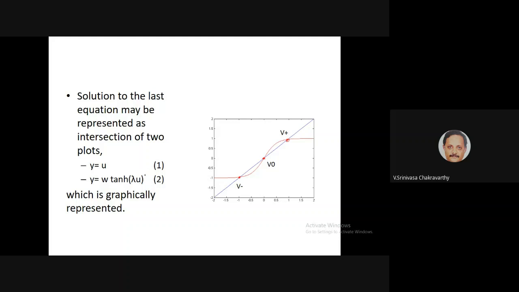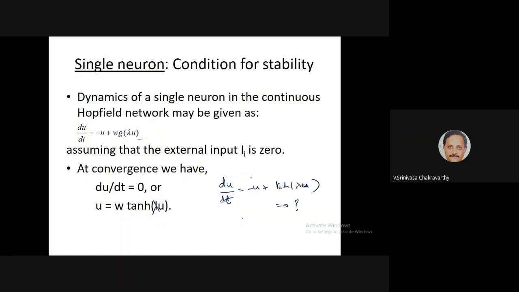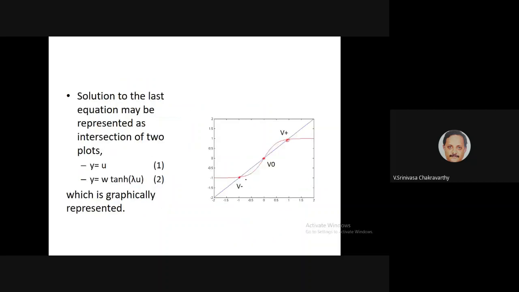And I'll see when these two curves intersect, because if you take u to the left side, you get u equal to tanh of lambda u. So I want to know the roots of this. I split it into two curves, y equal to u and y equal to tanh of lambda u, and look at the intersections of these two.